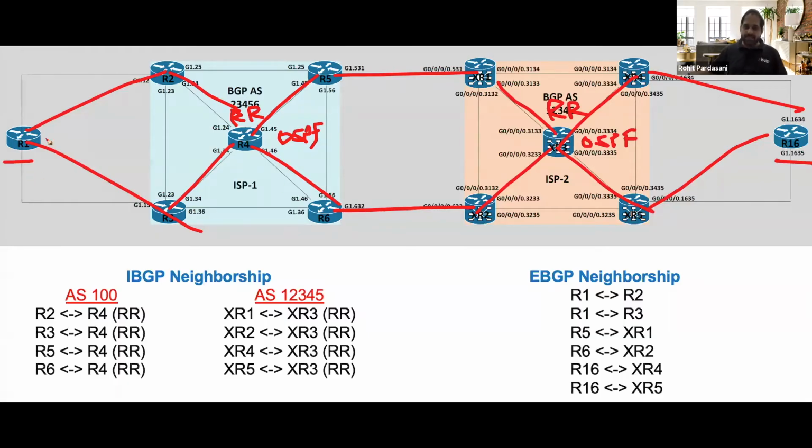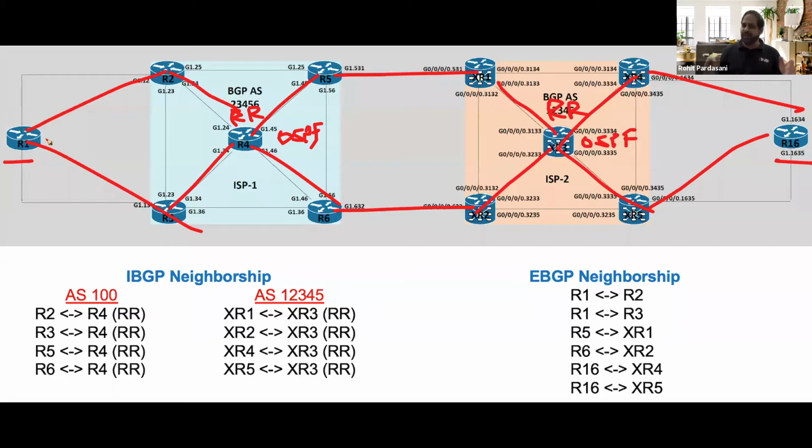Only the loopback is advertised, by the way, in BGP using a network statement. All this is pre-configured. Look at this diagram and think for a minute: how would router 1 go to router 16? Let's think about BGP attributes. Router 1 has 2 paths. He could go through router 2, or he could transit router 3.